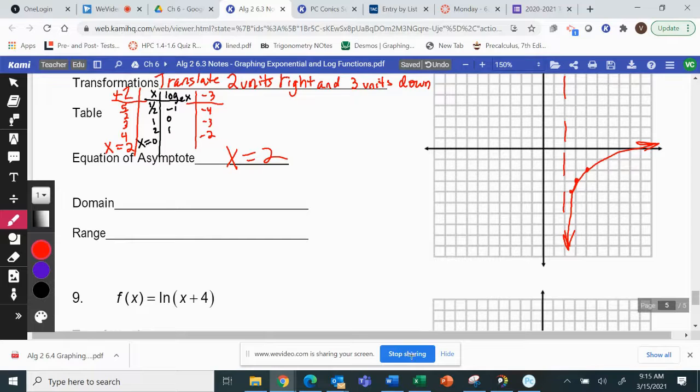For this one, my domain has to do with the asymptote, so the x's are going to be greater than 2, and then my range is going to be all real numbers.